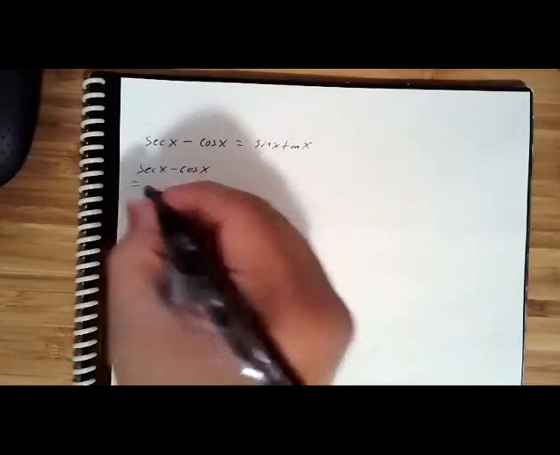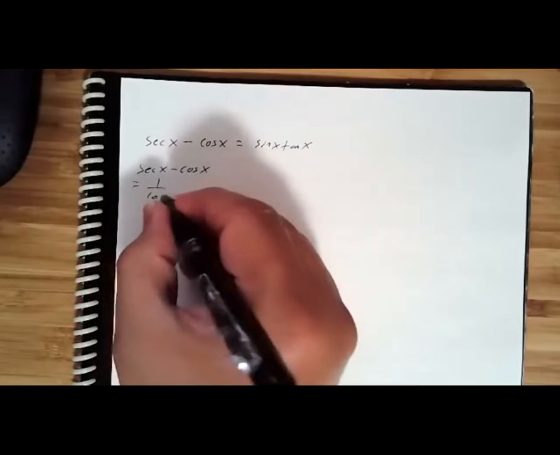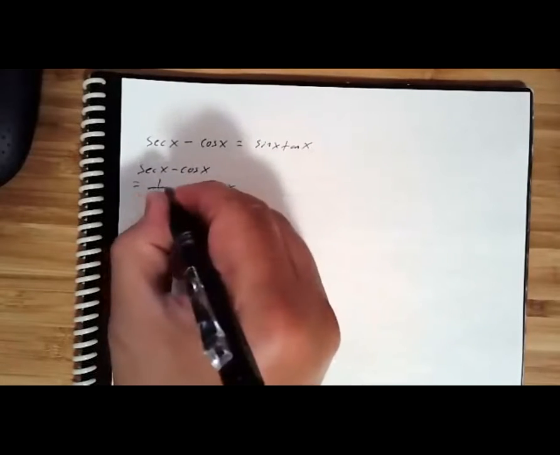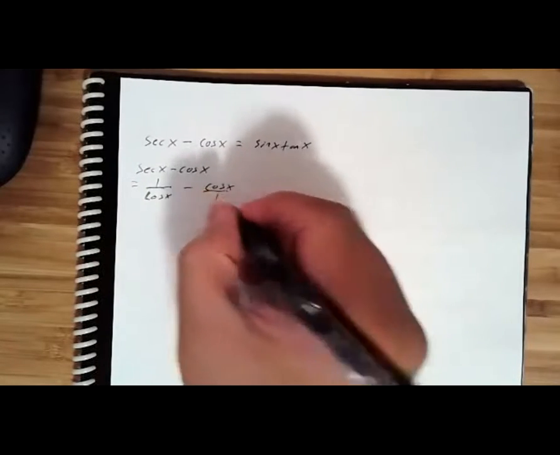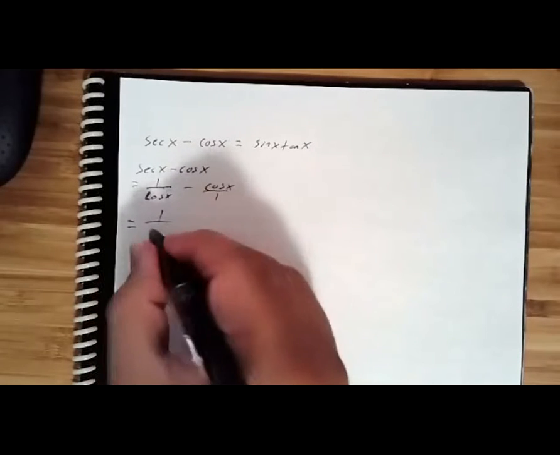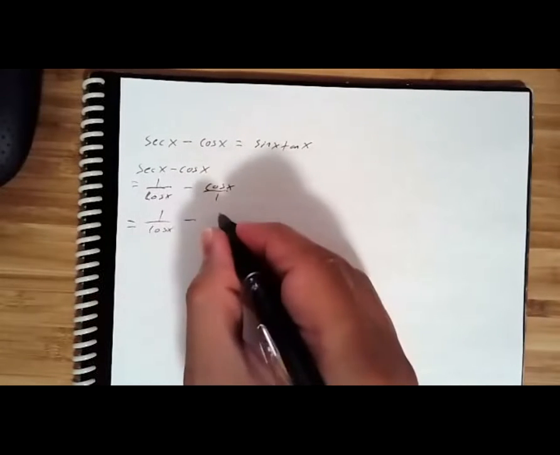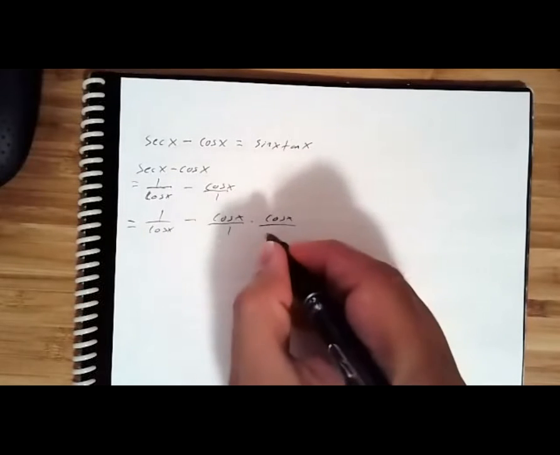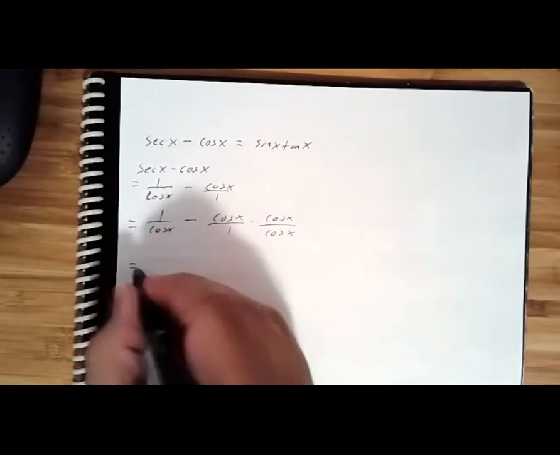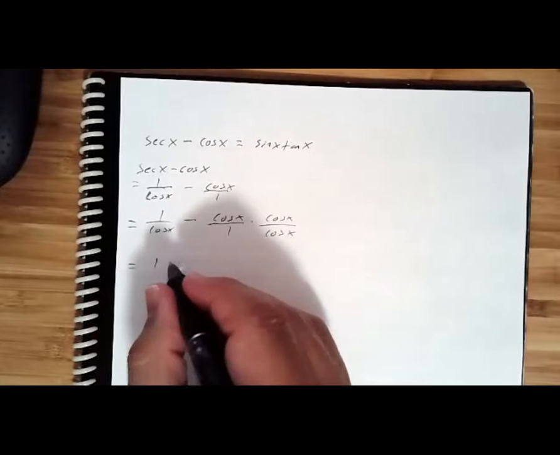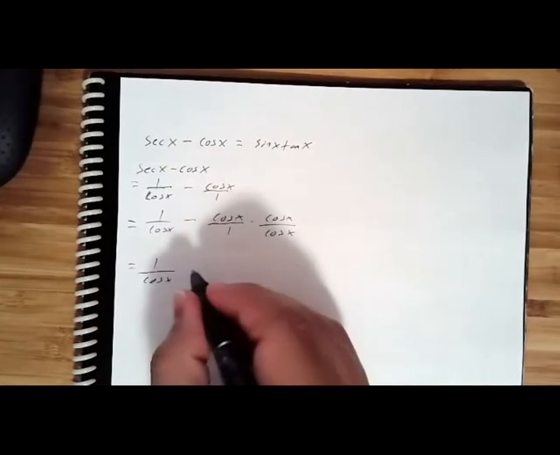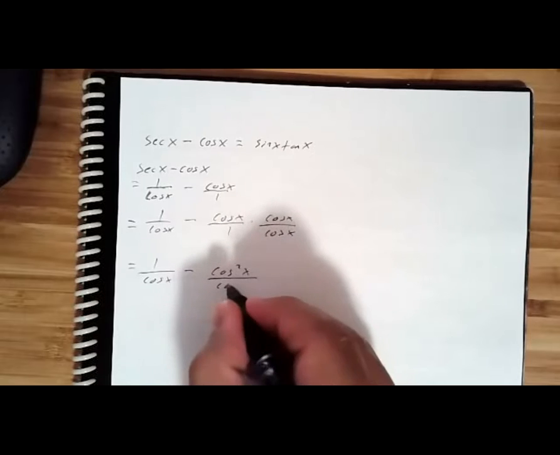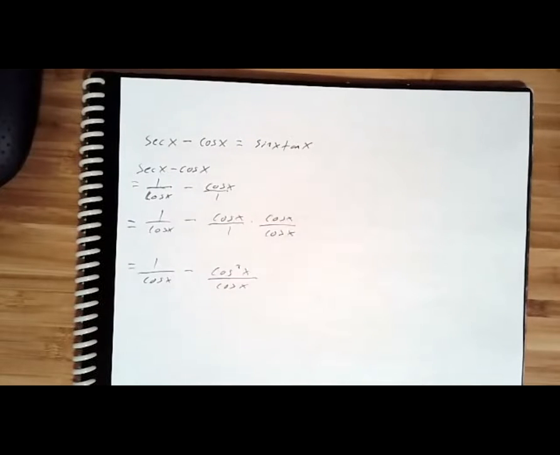So I know that this is equal to 1 over cosine minus cosine. Yeah, that's where I got. So this is over 1, so we can get them over the same denominator. Let's multiply this guy by cosine over cosine. So that'll be 1 over cosine still, I didn't change it, minus cosine squared x over cosine x.